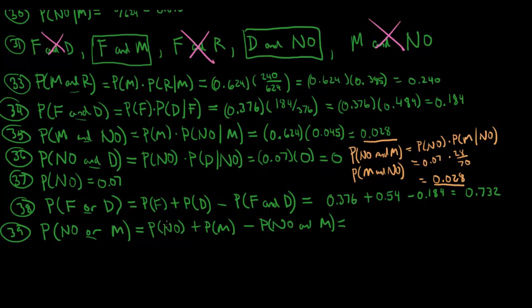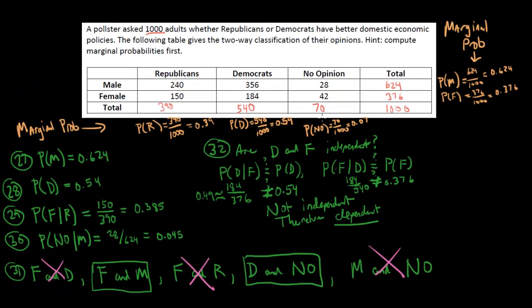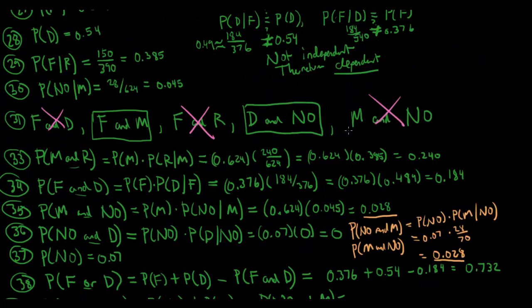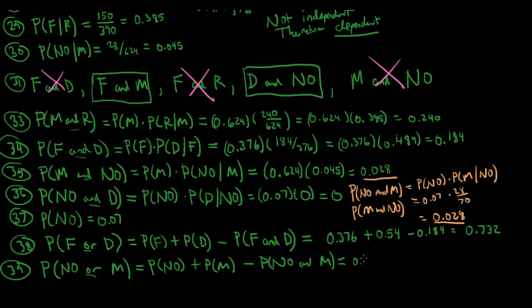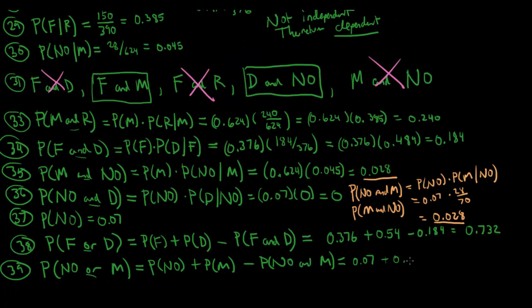Going back to the original problem, the probability of no opinion is just a marginal probability. The probability of no opinion is 0.07. The probability of male, I believe, was 624? Yes, 624.